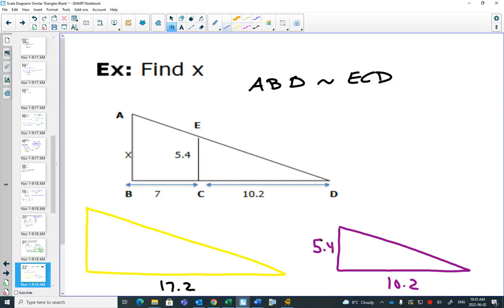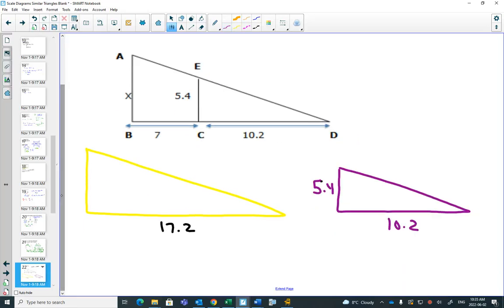And you want to find x. Since they're similar, I would go like this. I draw my arrow this way. I always like going from the smaller one to the bigger one. How much do we need to multiply by? 1.686. How did I figure that out?